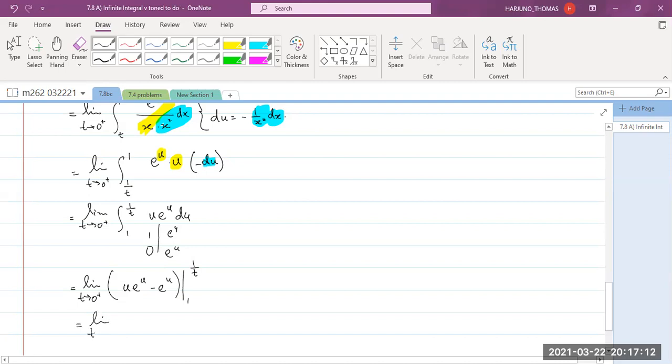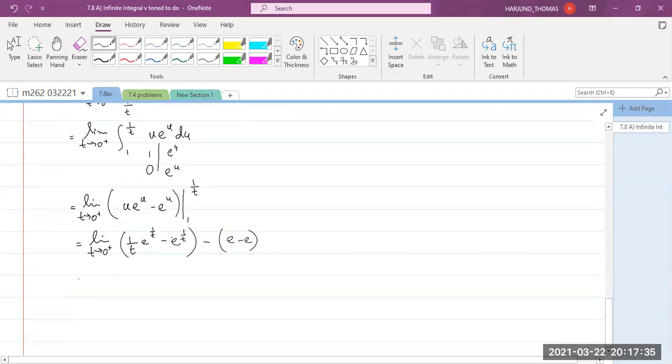Limit as t goes to 0 positive of 1 over t e to the 1 over t minus e to the 1 over t. When u equals 1, that's e minus e, that's 0.